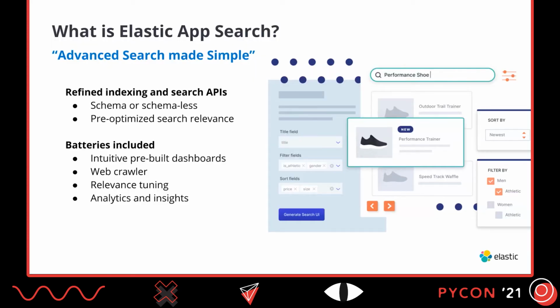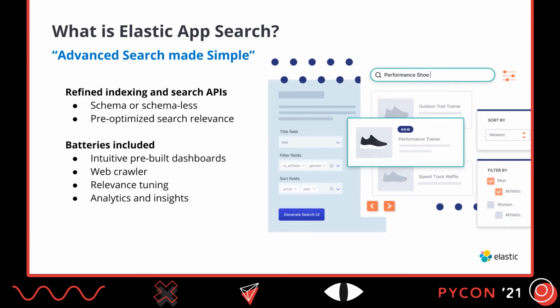App Search can be really summed up with a single line: advanced search made simple. One of the great things about Elasticsearch is that as a developer, there are thousands of options available to you on how to make searching, indexing, and storing data behave exactly the way that you want. But that upside can also be a downside if you really just want your service to be searchable without having to do tons of hand tuning by yourself. So instead, maybe what you really want is those thousands of options to be set to really great defaults, and then for the handful of options that really matter the most to your data and service to be really easily configurable.